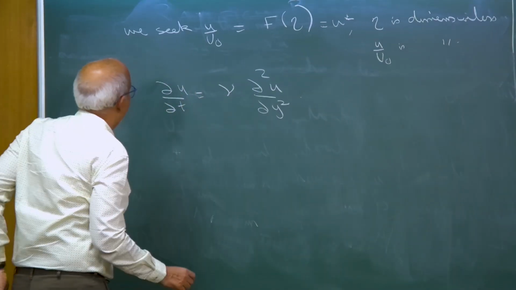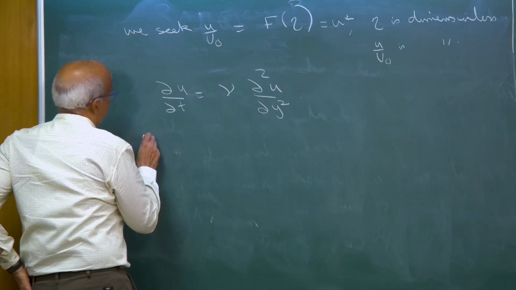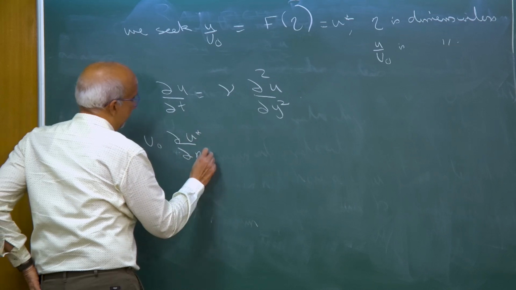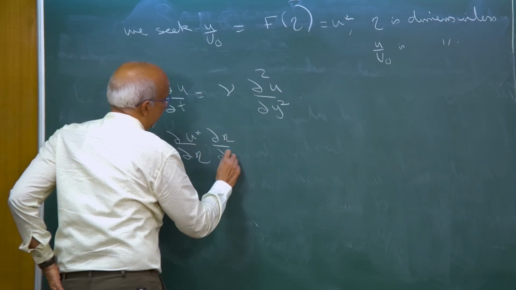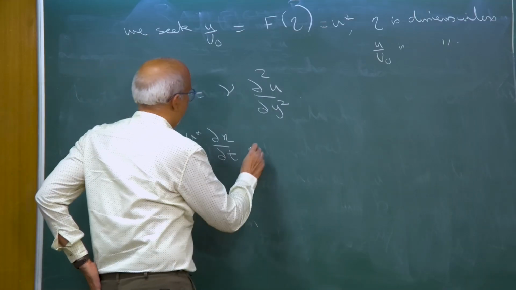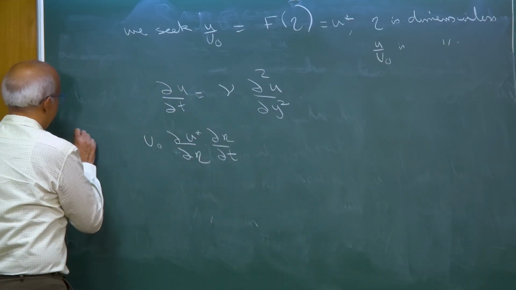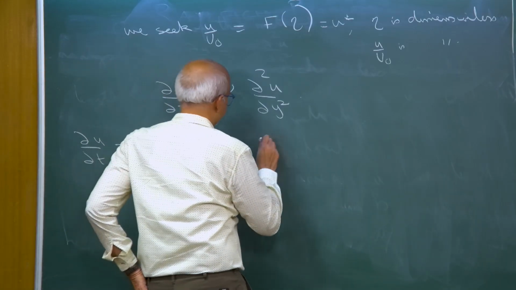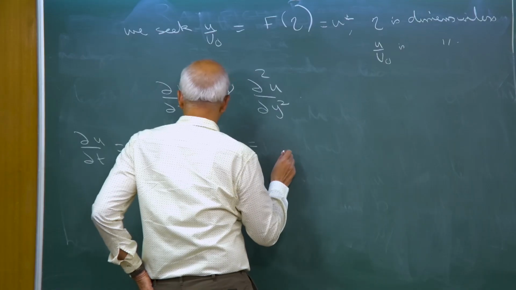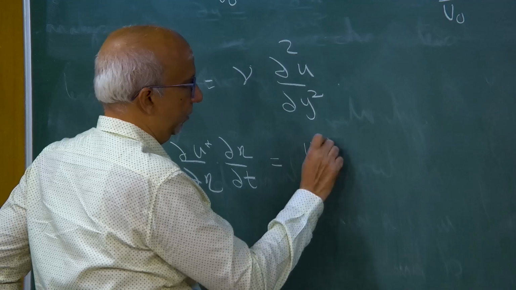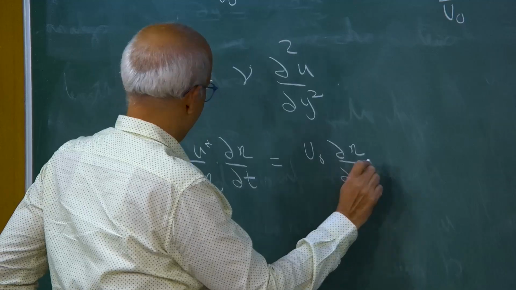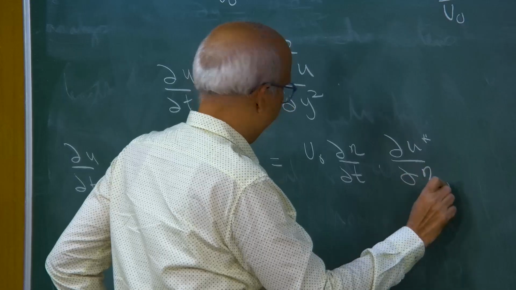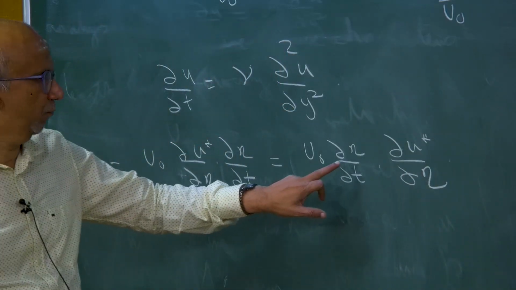Okay. So, now this becomes u naught d u star by d eta times d eta by dt. Okay. This is the left hand side, du by dt, that is u naught d eta by dt times d u star by d eta. What is d eta by dt?